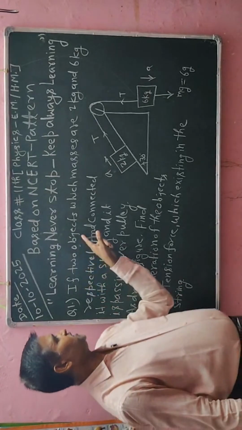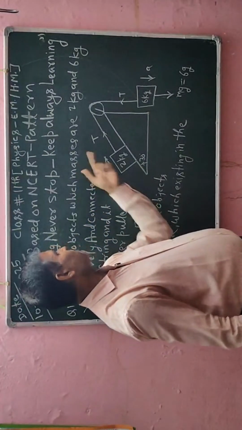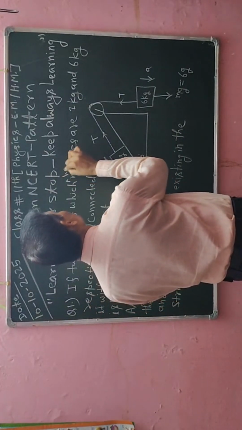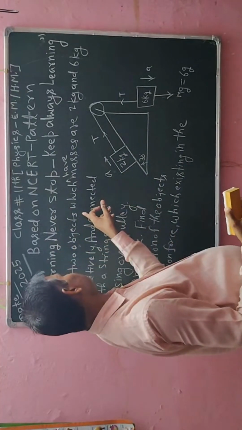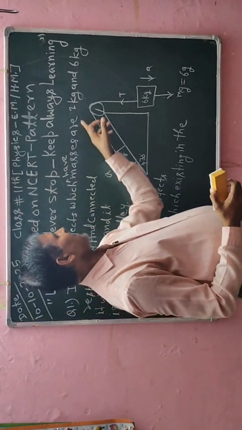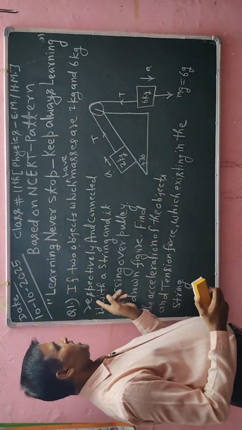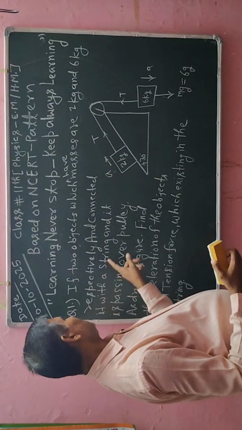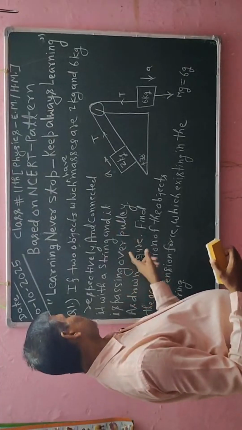If two objects which have masses of 2 kg and 6 kg respectively are connected with a string, and it is passing over a pulley.